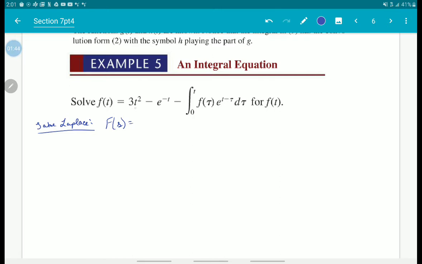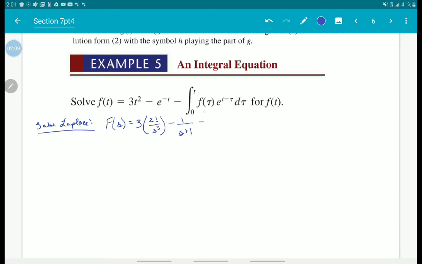The Laplace of 3t squared is going to be 3 times the Laplace of t squared, which is 2 factorial over s cubed. The Laplace of e to the negative t is 1 over s minus a. So s minus negative 1 is s plus 1.